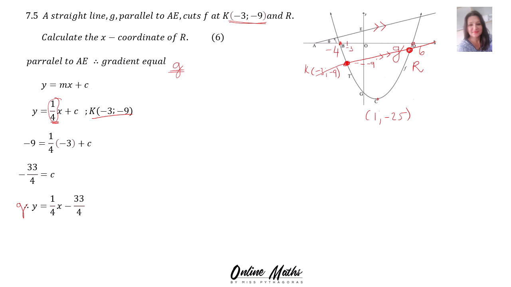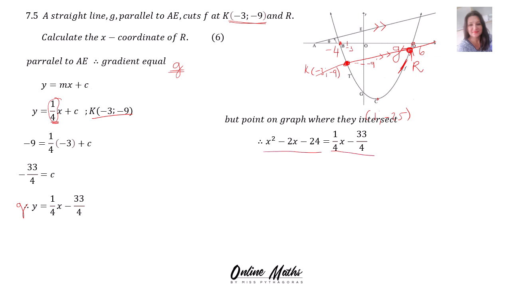Well, now I know what this straight line's equation is, and then I want to find this point R. And they told us there that this is the place where the parabola and the straight line intersect. And when two graphs intersect, we can equate the two. So can you see, I took my line G, I equated it to the parabola, and then I'm going to solve x.